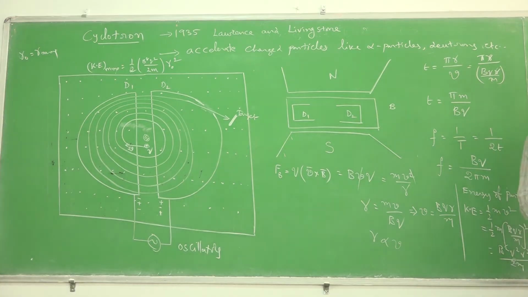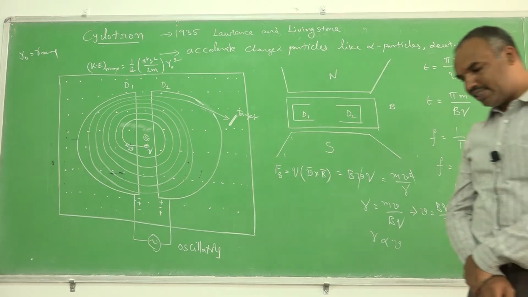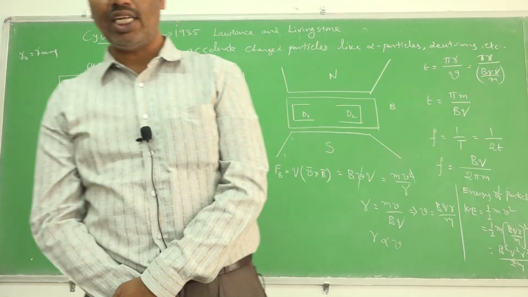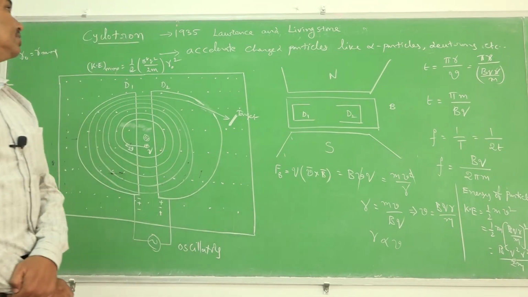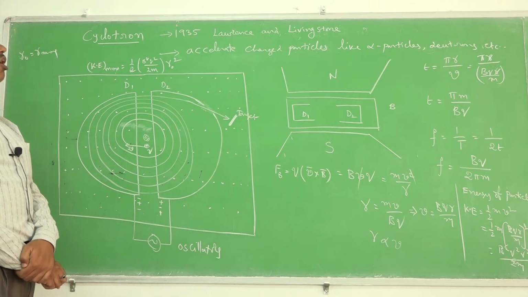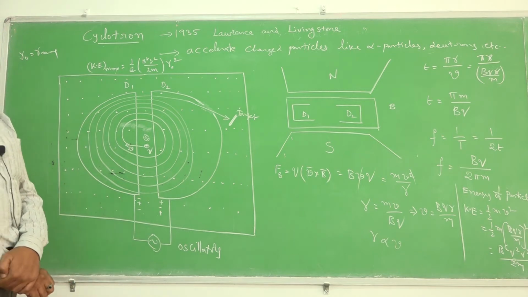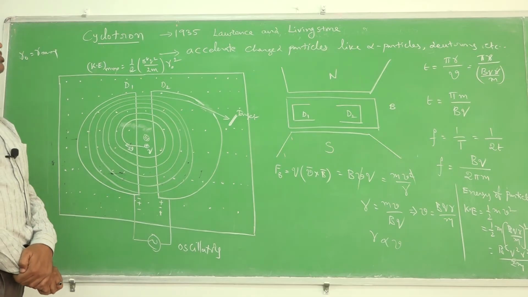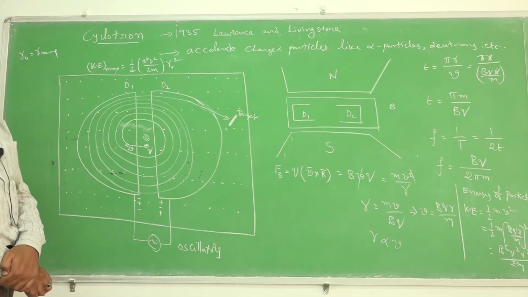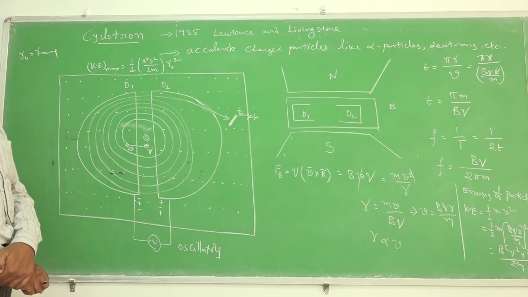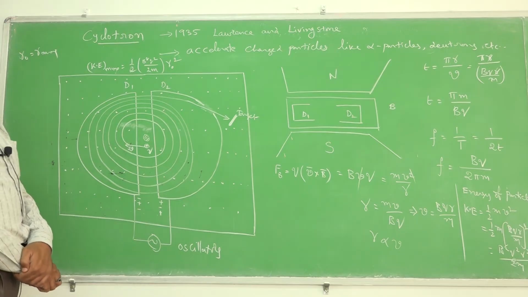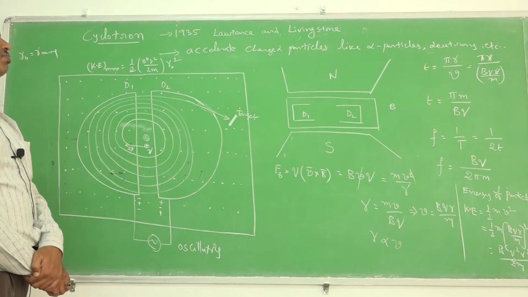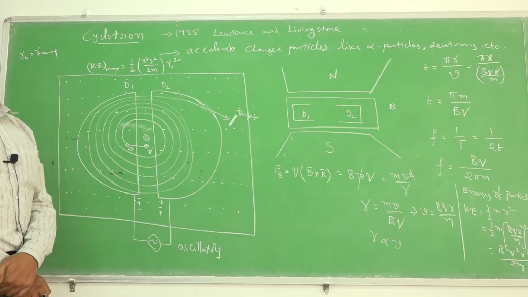So this is the construction and working of a cyclotron. Once again, what is a cyclotron? Cyclotron is an instrument which was designed by Lawrence and Livingston in the year 1935. The purpose of the design of the cyclotron is to accelerate charged particles like alpha particles, deuterons, and any positive or negative charged particles except electrons.